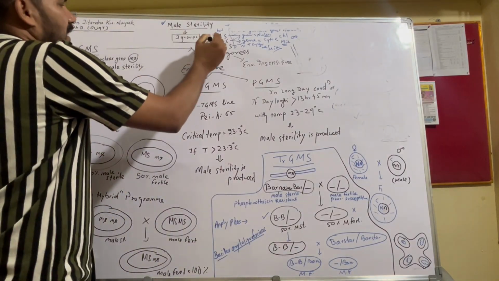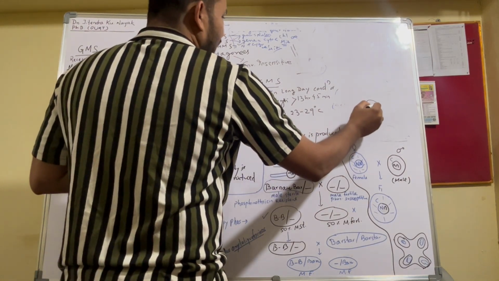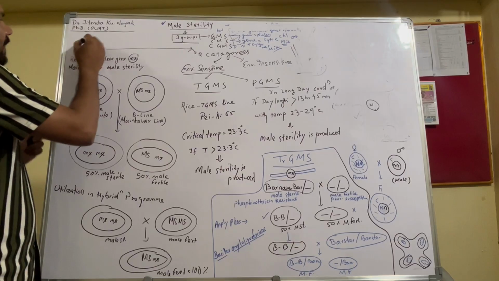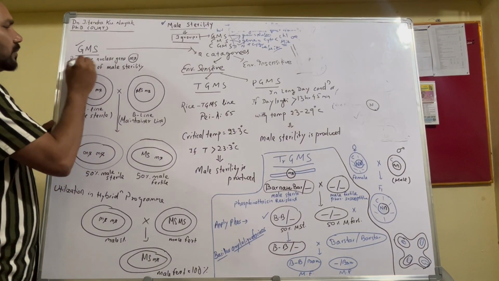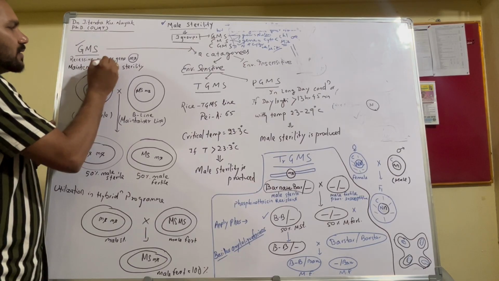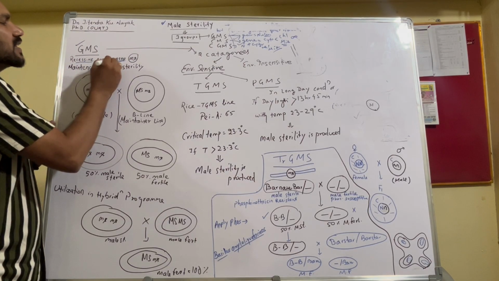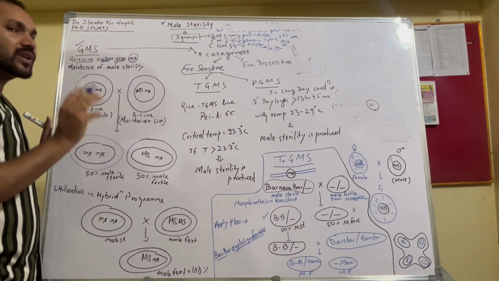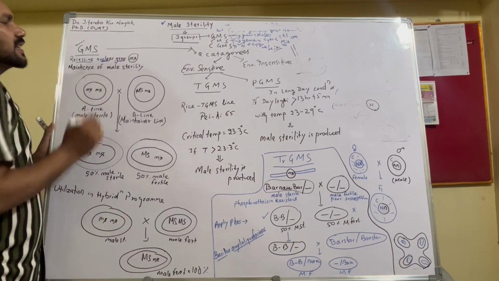I have already told you, genetic male sterility means the gene is present in the nucleus region. In genetic male sterility, the gene is a recessive nuclear gene. That is, genetic male sterility genes are mostly recessive in nature.